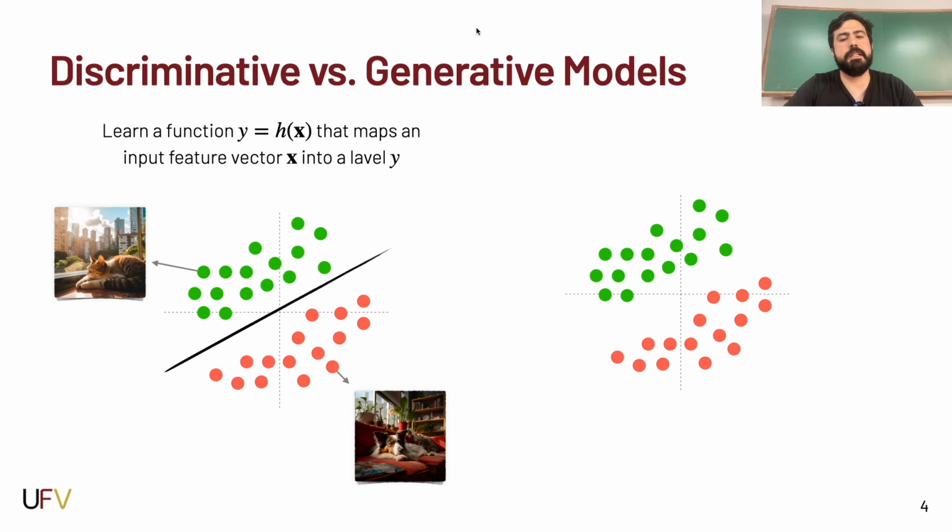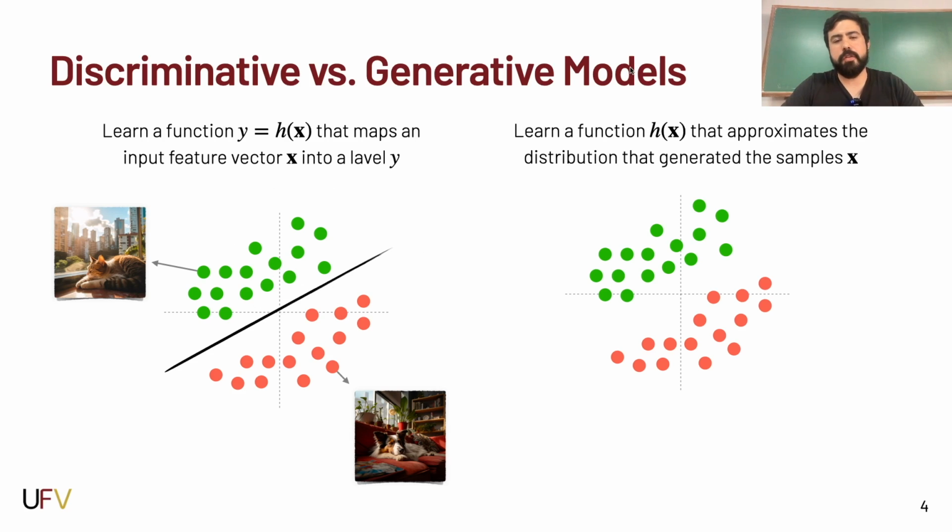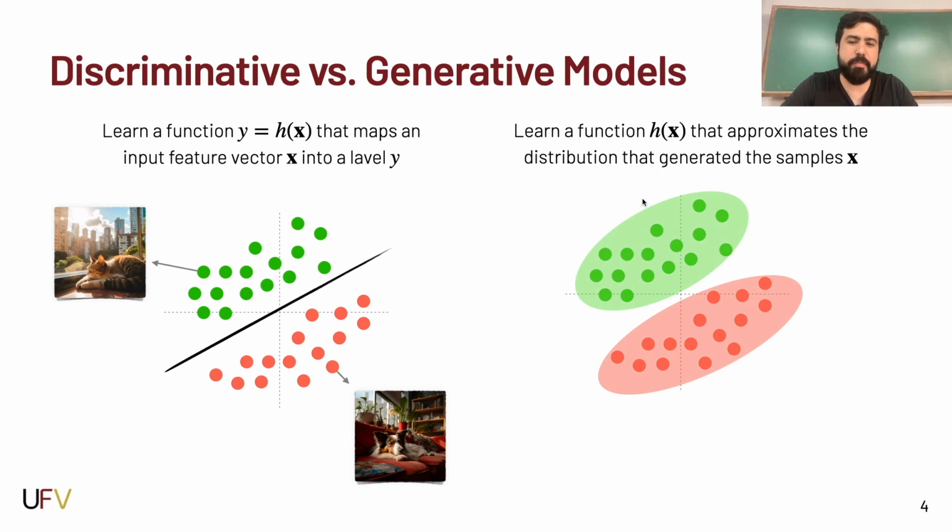This is different than generative models. In generative models, we still want to learn a function, but we want a function that approximates the distribution that generated the samples. Okay, so here I'm showing these ellipses as if they were maybe the areas of a normal distribution, even though it doesn't have to be a normal distribution, but just showing you that now we don't want to find a decision boundary anymore.